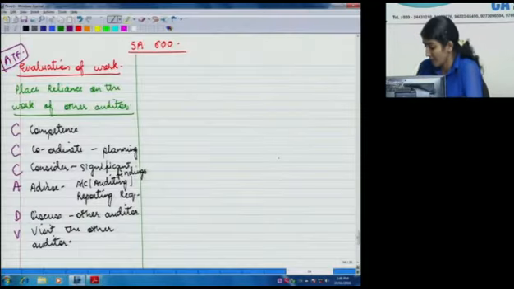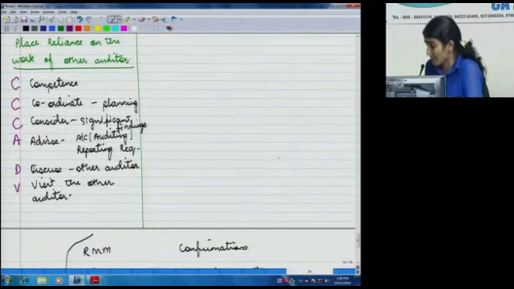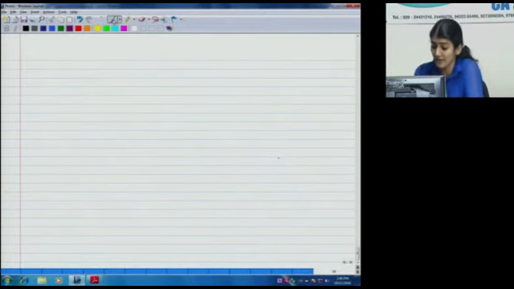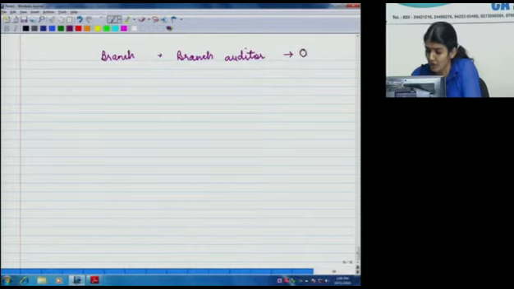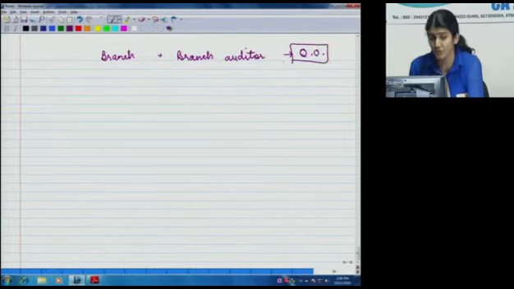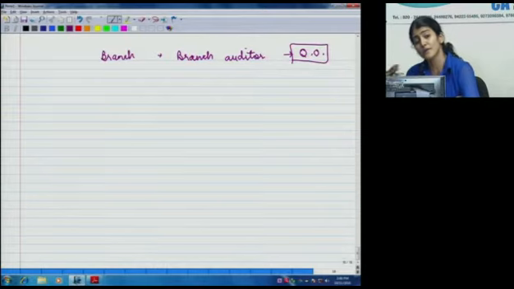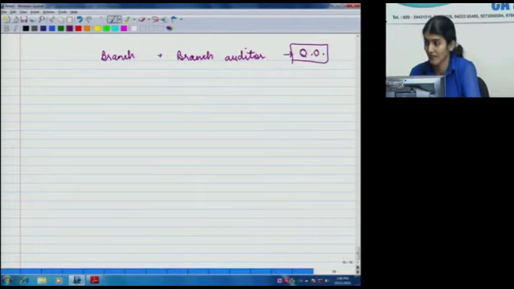And now, say the branch auditor has issued a qualified opinion and he has sent this report to the company auditor. Should the company auditor also modify his report for the entity as a whole? Entity level, I am asking you.